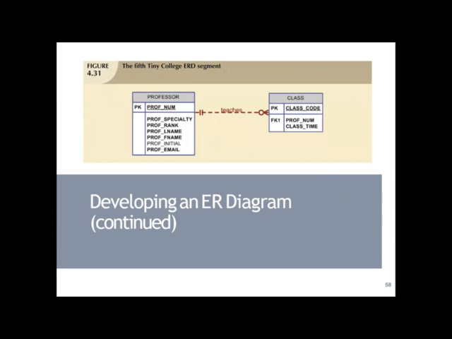The fifth Tiny College ER diagram. In this ER diagram, we can see two entities, the professor entity and the class entity.